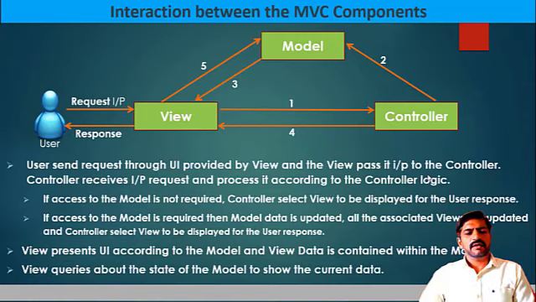So the view queries the state of the model to show the current data, that is the current updated data in the model.